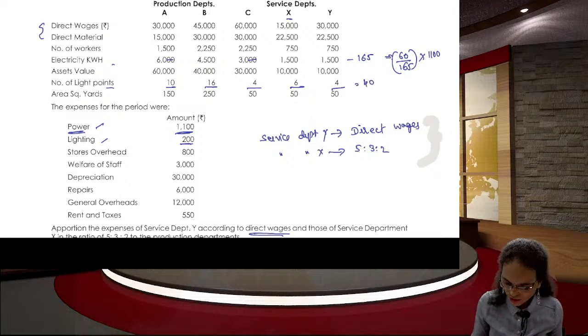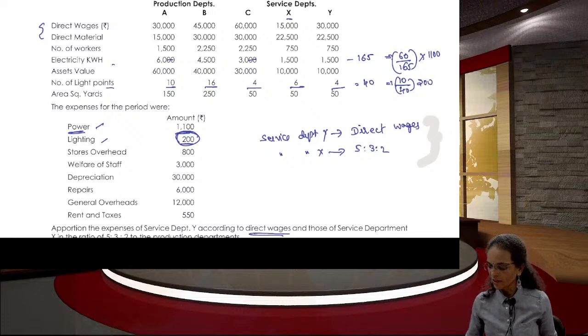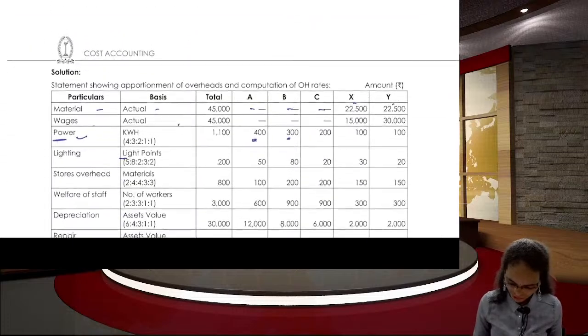So how to segregate? 10 divided by 40 into lighting value 200. 10 divided by 40 into 200, that is nothing but 50.